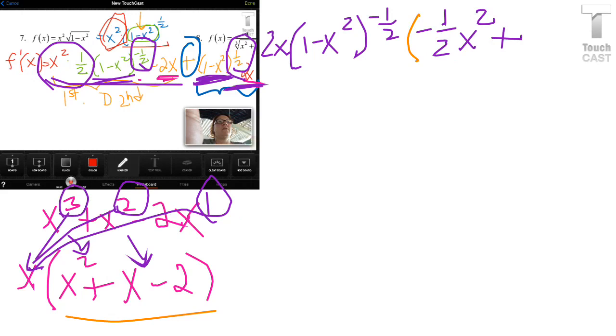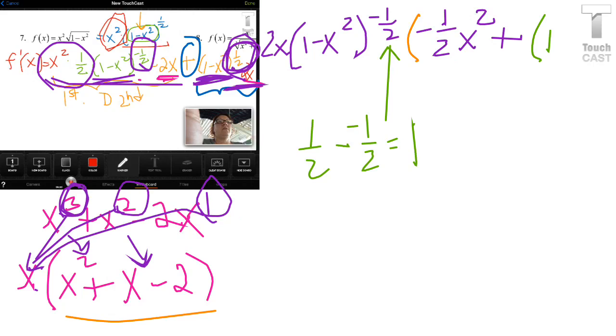So I'm going to take, and remember, it's what I started with minus the 1 in front. So what I started with was a 1/2, and if I subtract the negative 1/2 that's in front, so 1/2 minus negative 1/2, then I get 1. So the leftover power would be 1 minus x squared to the first.